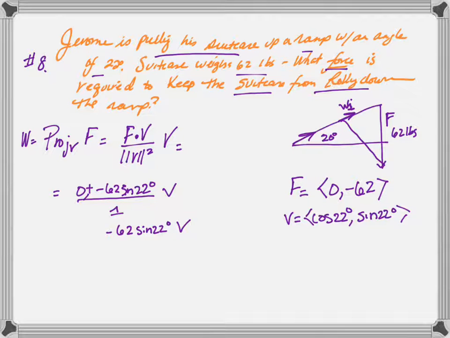Negative 62 times the sine of 22 degrees is equal to negative 23.23. So we'll round it, times our unit vector, which would be cosine 22 degrees, sine 22 degrees.